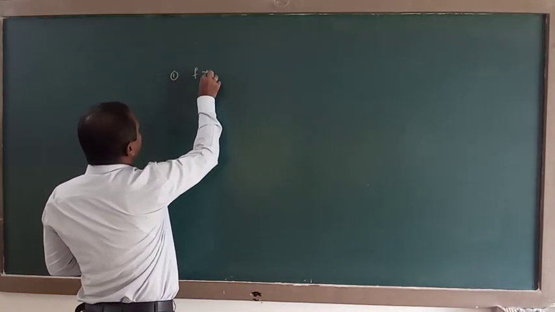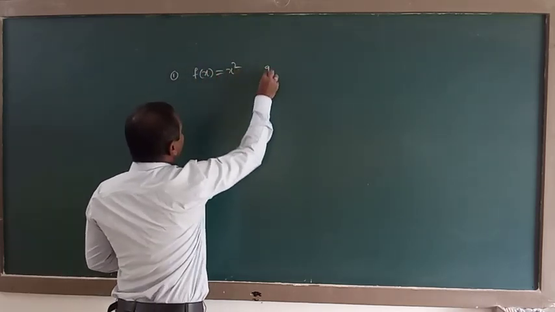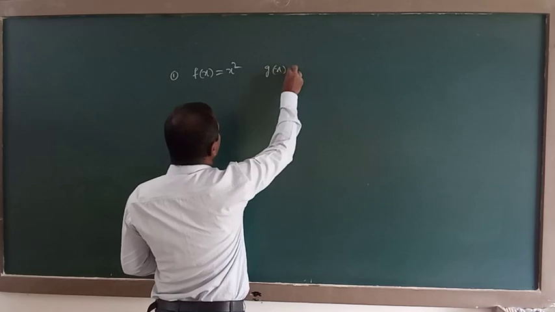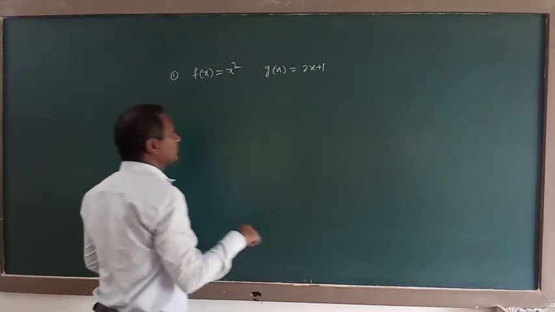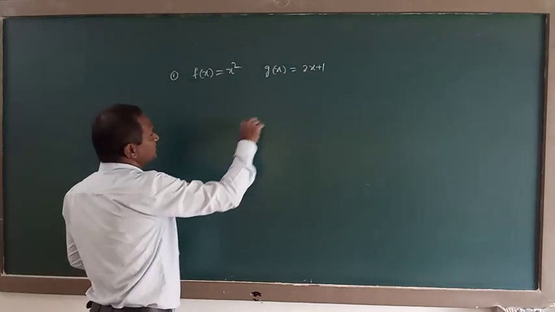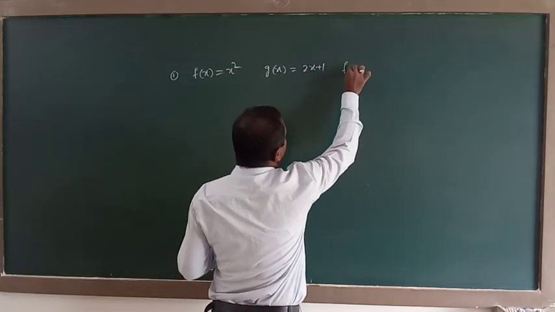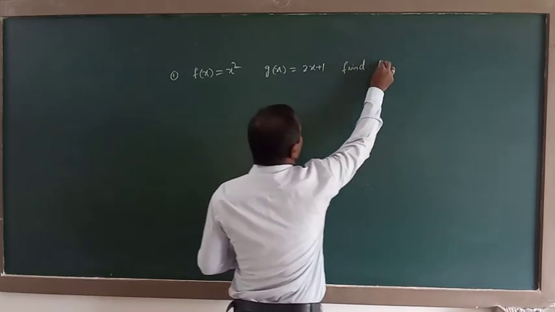f of x is equal to x square and g of x is equal to 2x plus 1. Then how can you apply these functions here? Find g circle f of x.